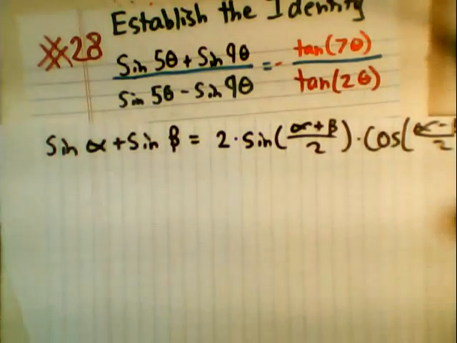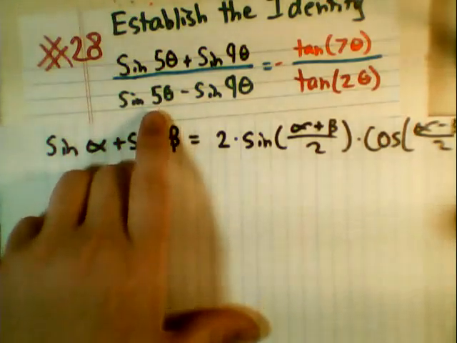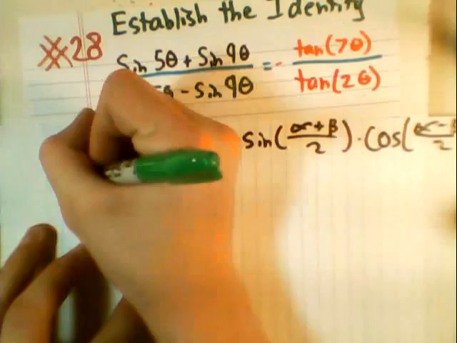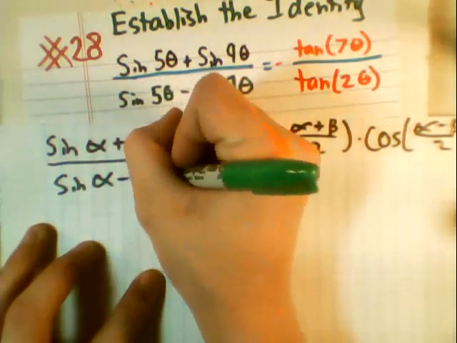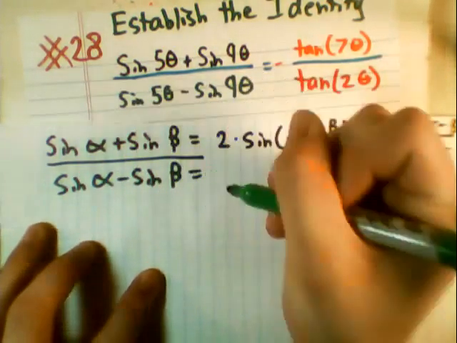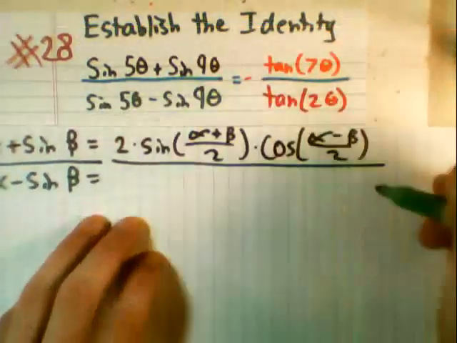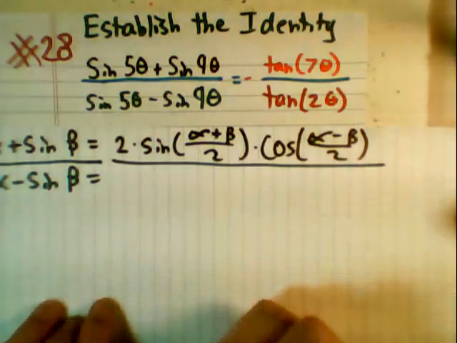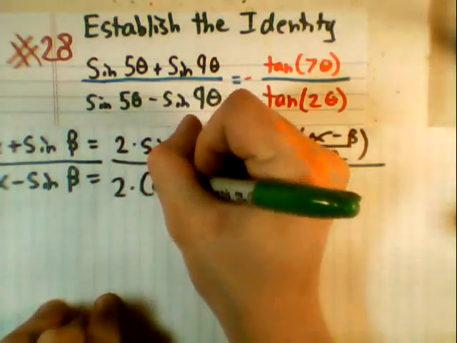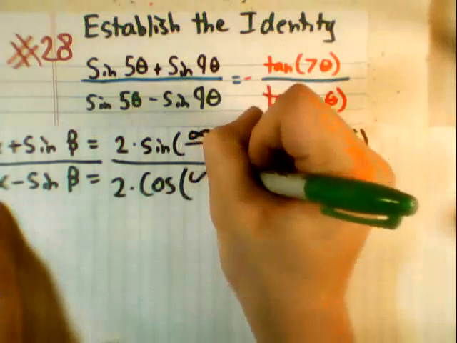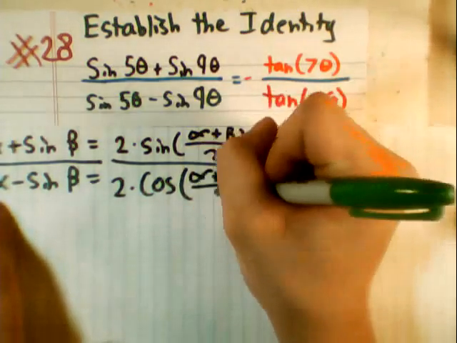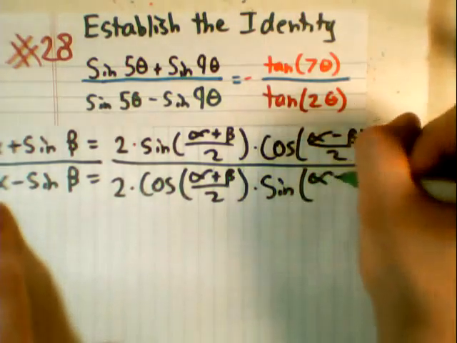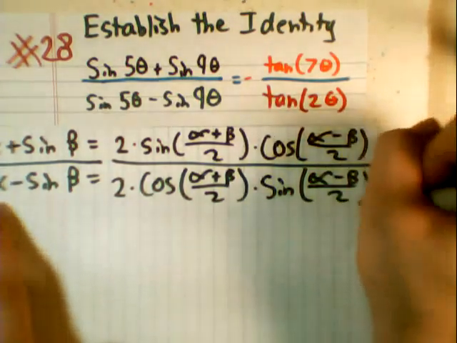Now let's do sine alpha minus sine beta. When you look in your notes, you'll see that sine alpha minus sine beta is actually 2 times cos of alpha plus beta divided by 2 times sine of alpha minus beta divided by 2.